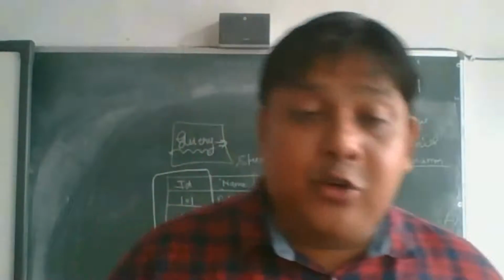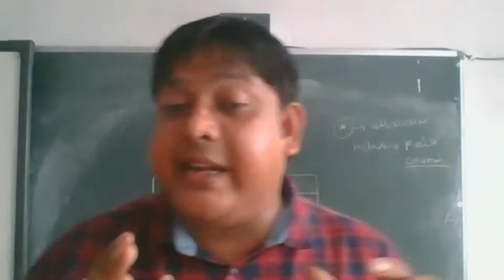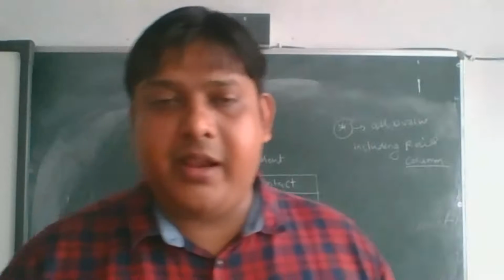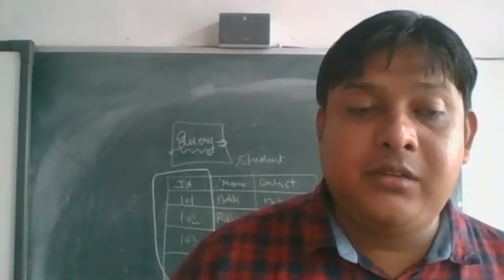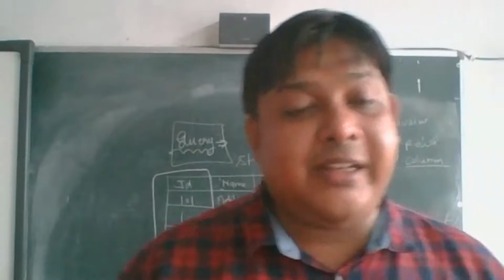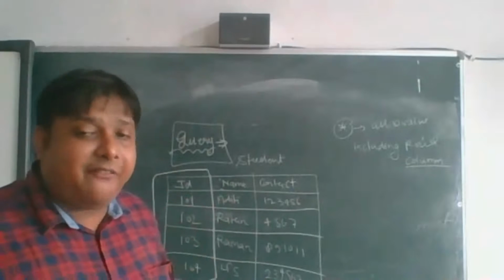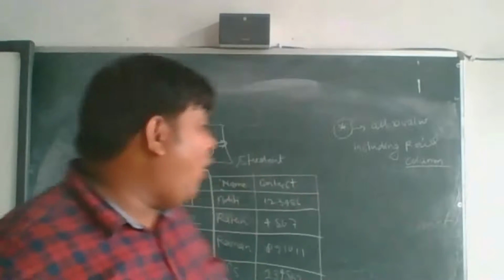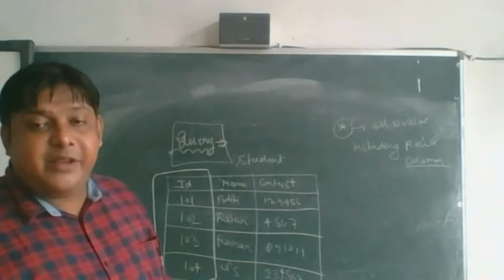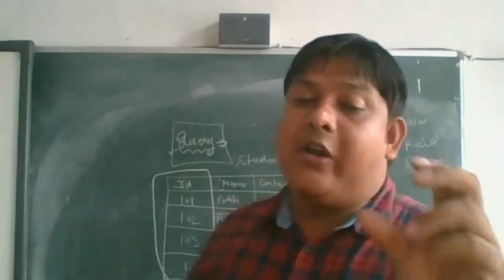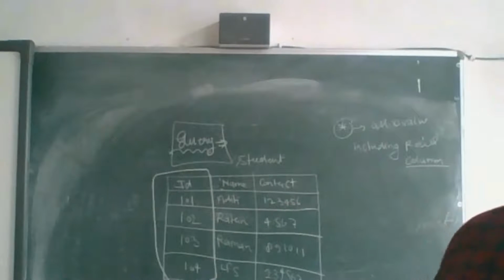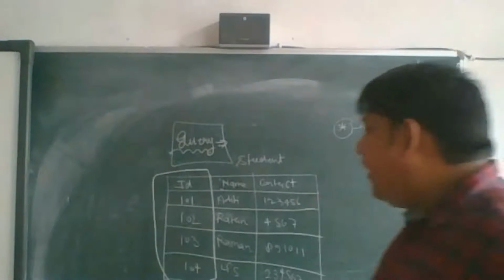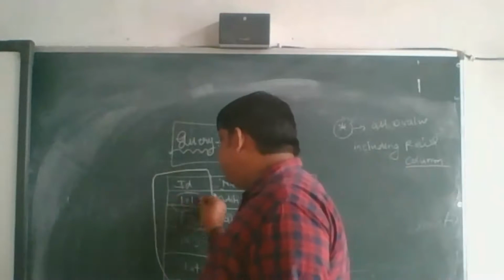Sometimes we need to fire a query with some conditions. Clear? So how will we use the query with a condition? Condition means what? If we are not putting the condition, then it works on all the rows. I want to know the contact number of only ID 101.